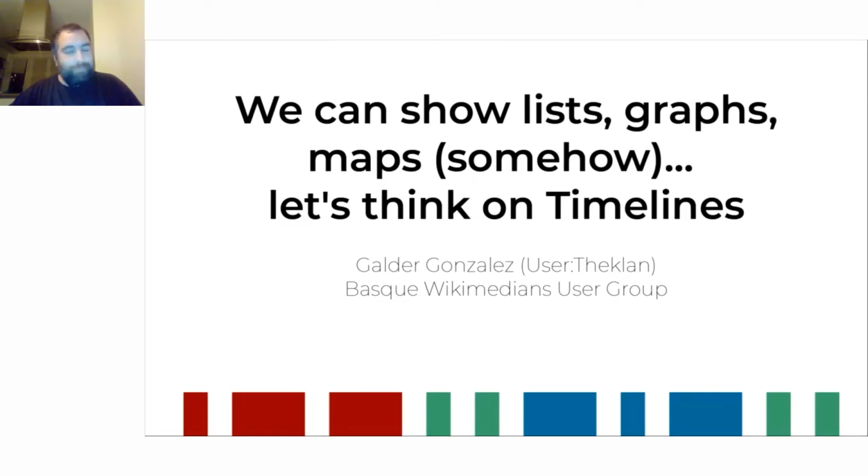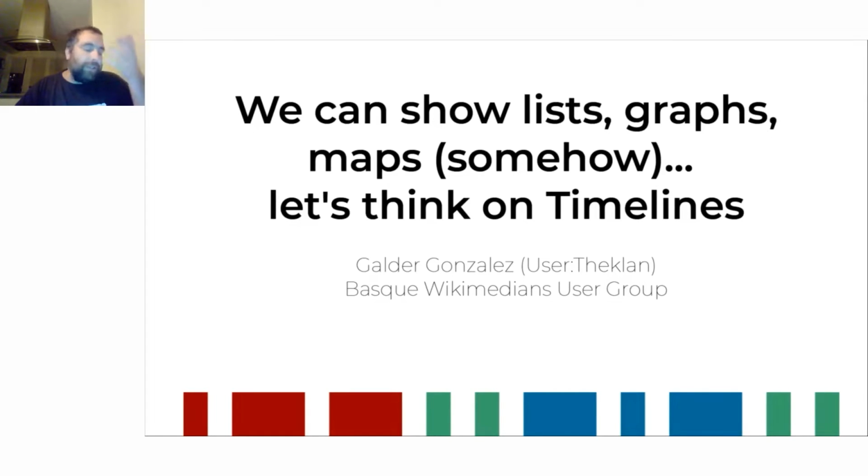So the topic of the presentation is a little bit of a protest, and at the same time, the aim is to have some ideas in the Etherpad that can help others show the great range of things we can show with Wikidata.